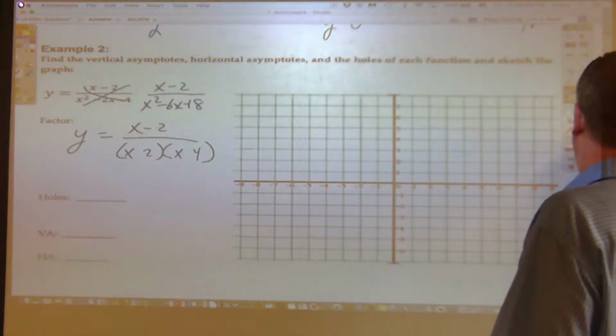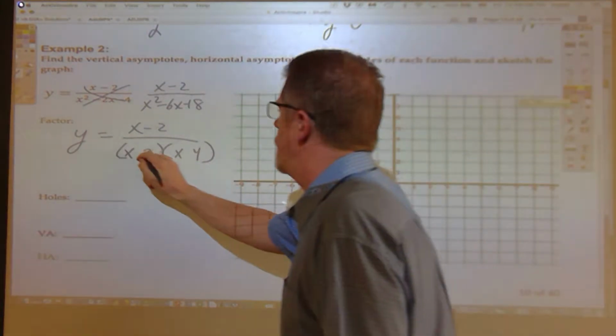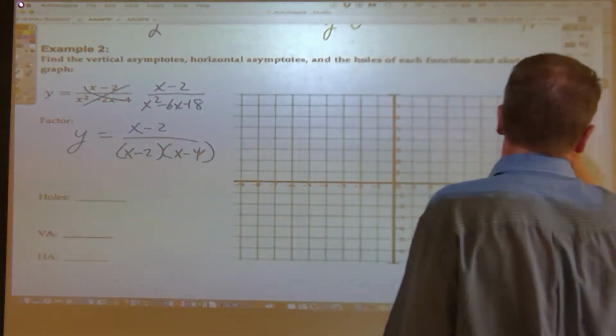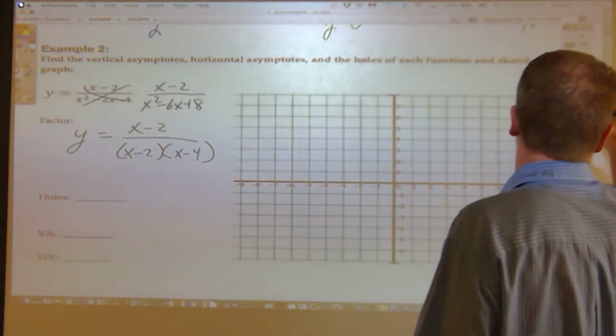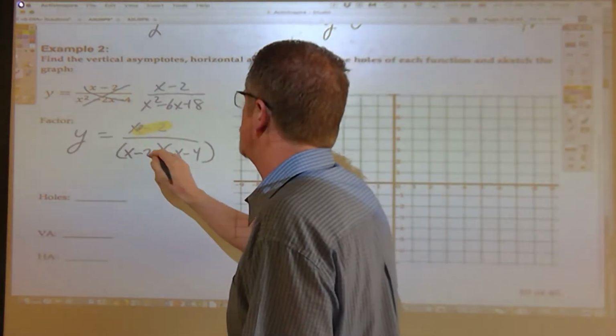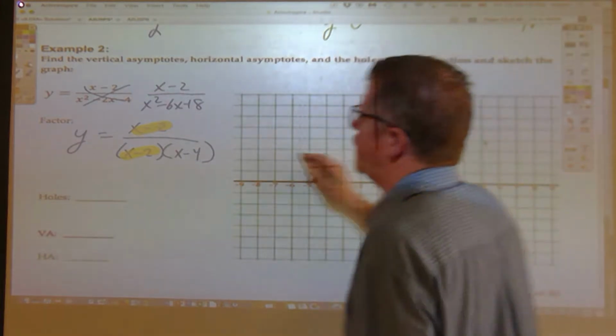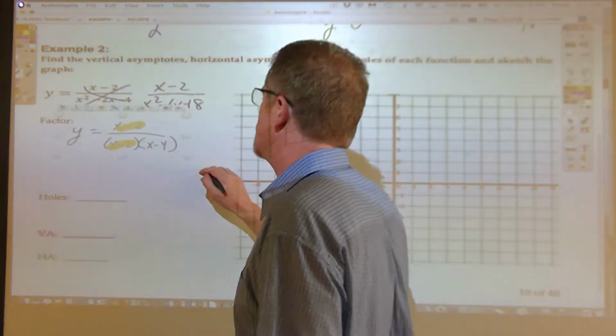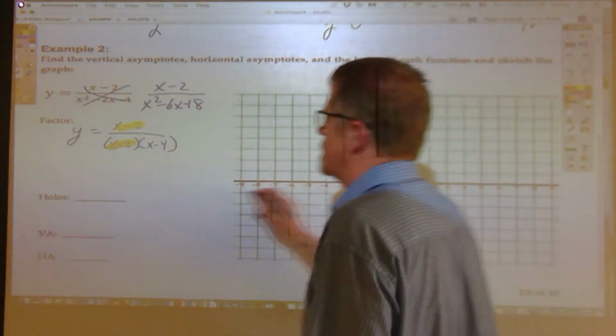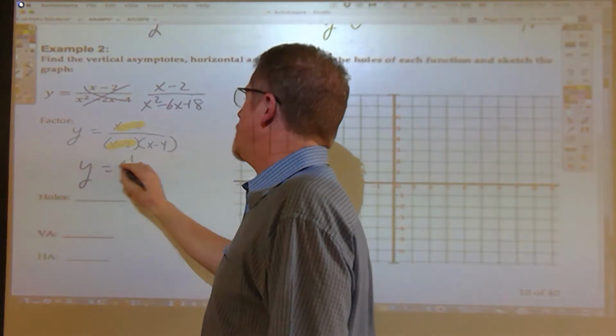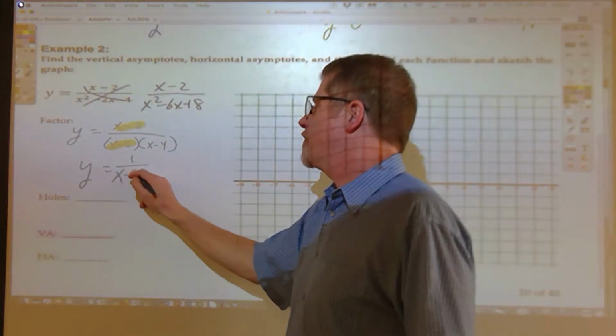Now, I would like you to indicate the cancellation that occurs. For me, I've been doing the cancellations in yellow shaded, and then write the simplified answer. Upon cancellation, what we have is y equals nothing left upstairs except for the number 1 over x minus 4.